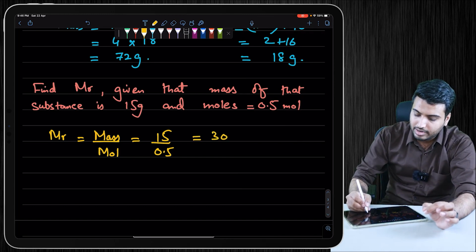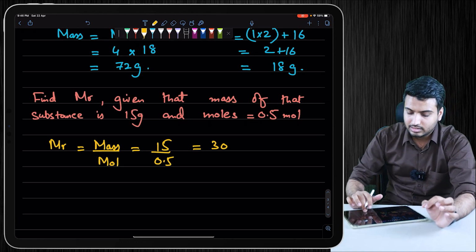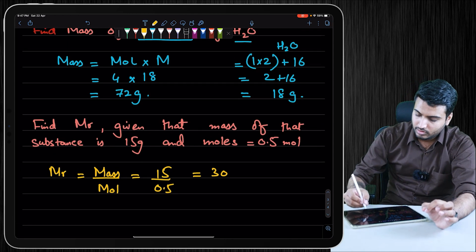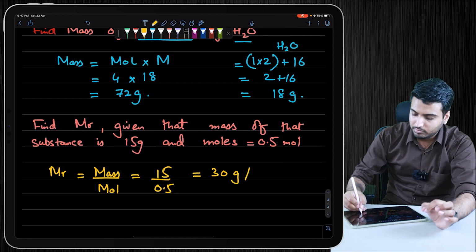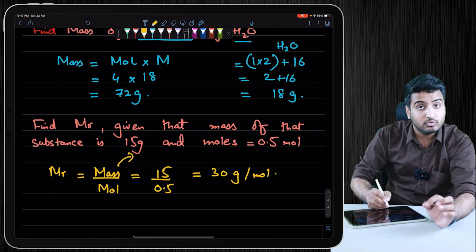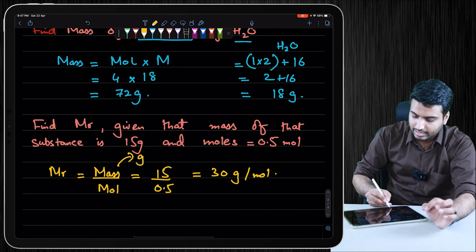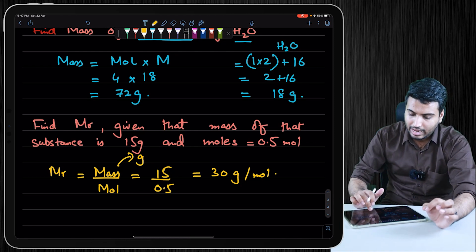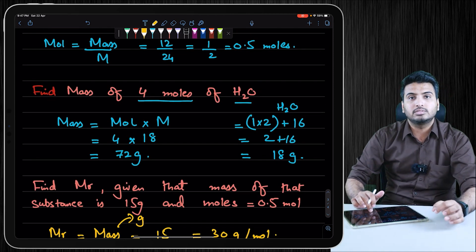So Mr of this substance is 30 grams per mole, because the unit for mass is grams and the unit for mole is mole. So Mr is 30 grams per mole.